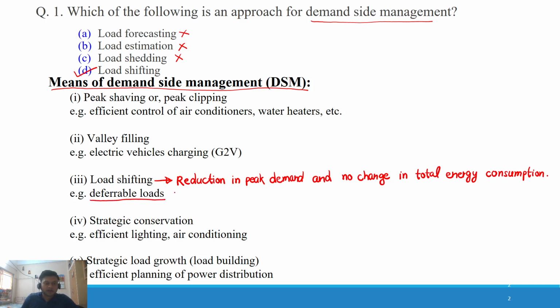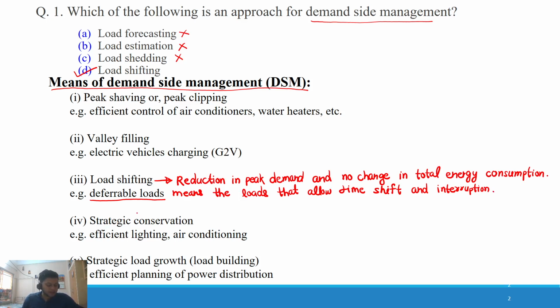Deferrable loads are the loads that allow time shift and interruption. These are not critical loads, so we can shift these loads according to our convenience.